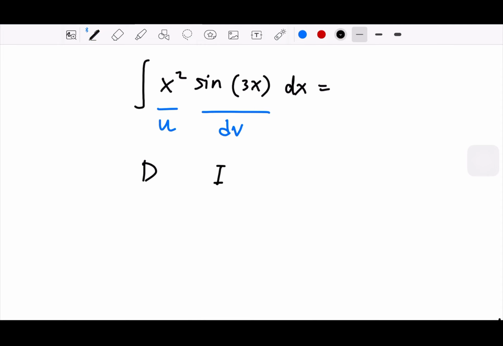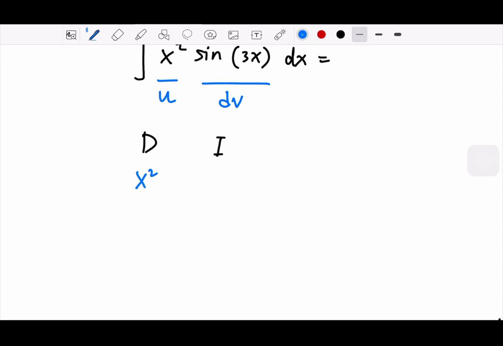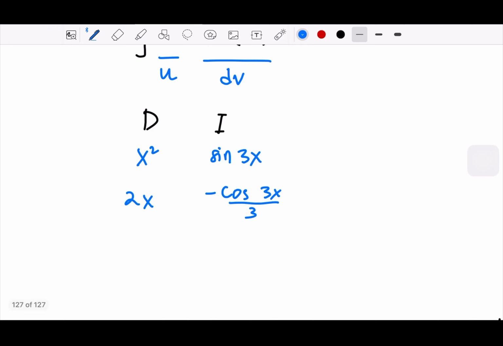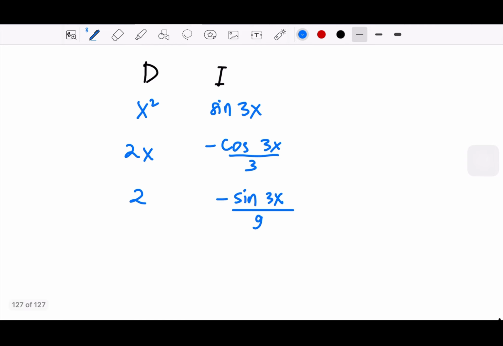our D-I table, and then put all the information, so x squared, and then the other part will be sine 3x, and then derive and integrate become negative cosine 3x over 3, right? And then we have 2x, derive becomes a constant 2, and cosine integrates to sine 3x, and now divide by 3, 3 times 3 is 9, right?